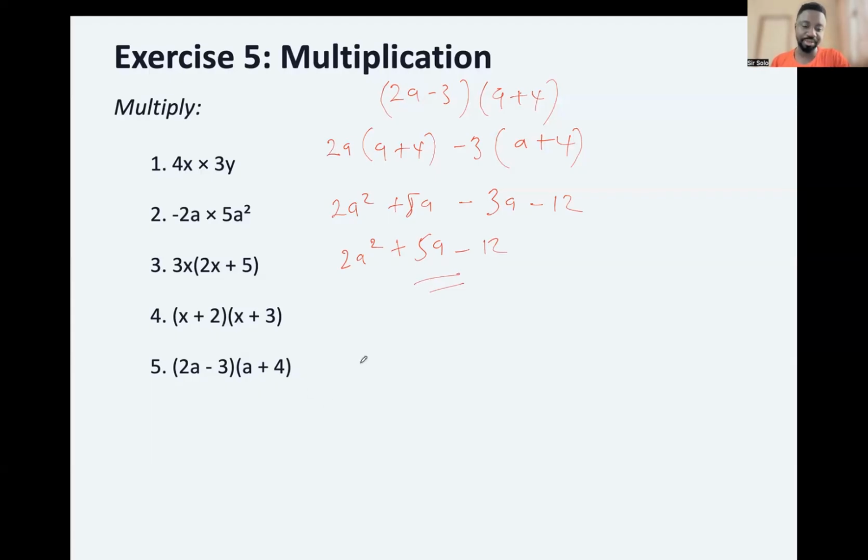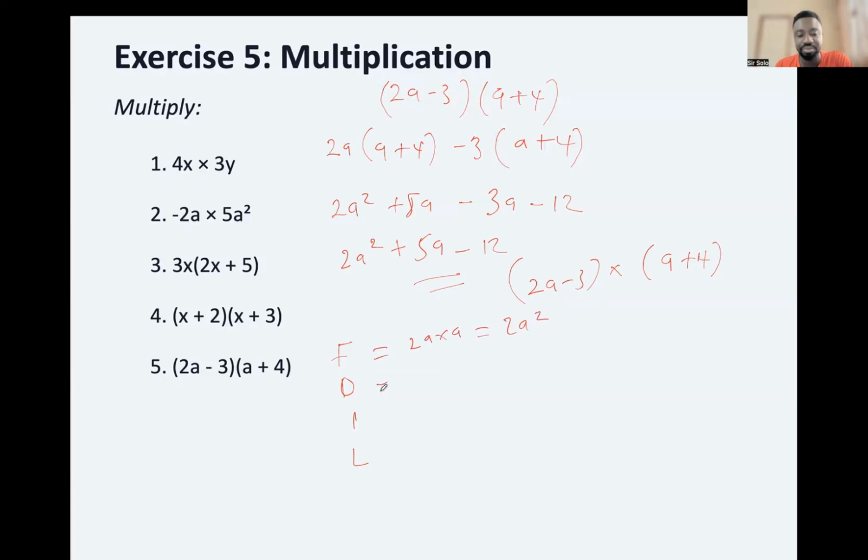If you want to use the FOIL method: first, outer, inner, last. Here 2a minus 3 is multiplying a plus 4. So first to first: 2a will multiply a, so we have 2a times a, which is 2a squared.